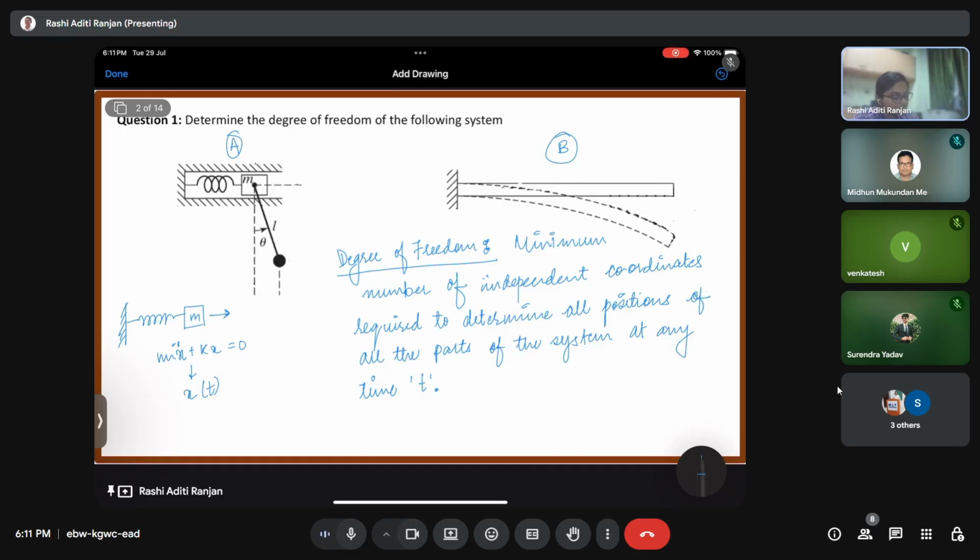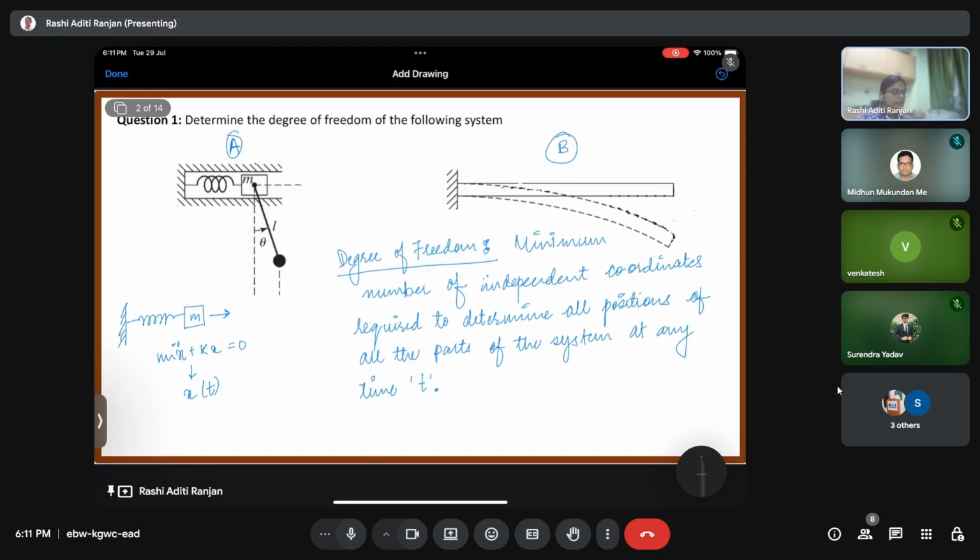Now coming on to the first system, which has a spring connected to a mass, somewhat like a piston, and then we have a pendulum attached to the center of this mass. It has an angle theta.